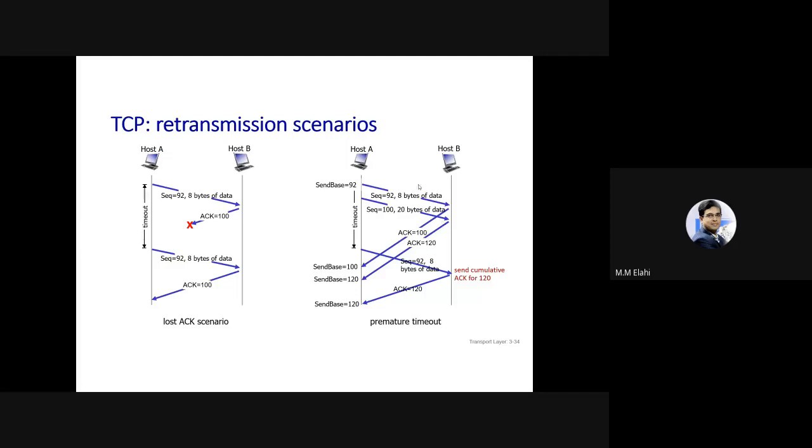Because if the receiver did not receive both, then the receiver should never send acknowledgement 120. So that is one point of using a single timer. If the timer expires, always remember that the sender will only send the oldest segment not acknowledged. Since both segments are not acknowledged, it retransmits the first one.